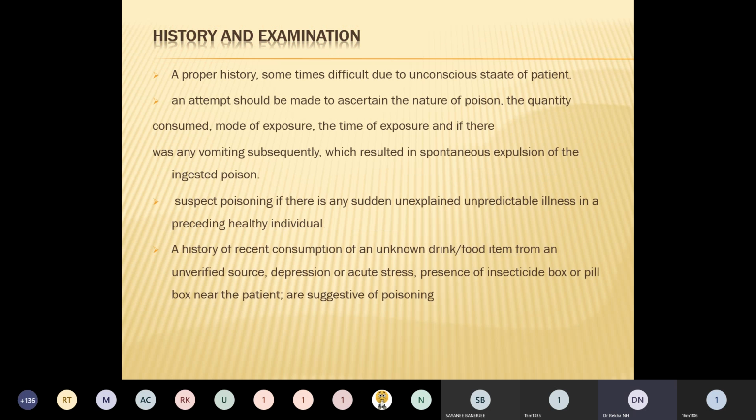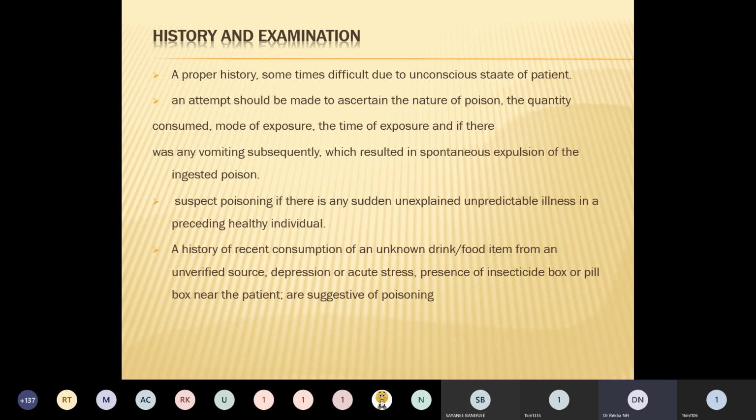Coming to a brief about the history and examination. Whenever a patient comes to the casualty with a history suggestive of unknown substance consumption, we have to take a proper history. Proper history taking may be different in a patient who is presenting in an unconscious state.